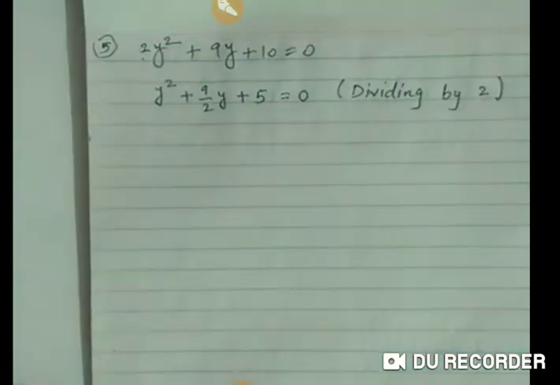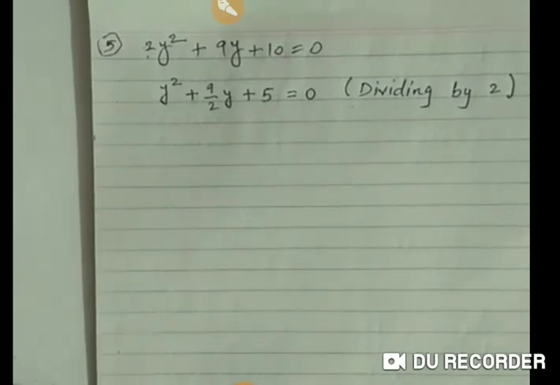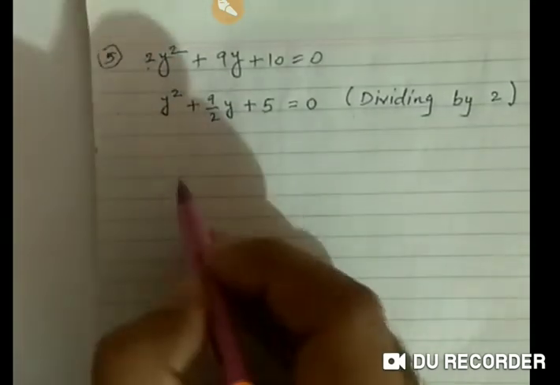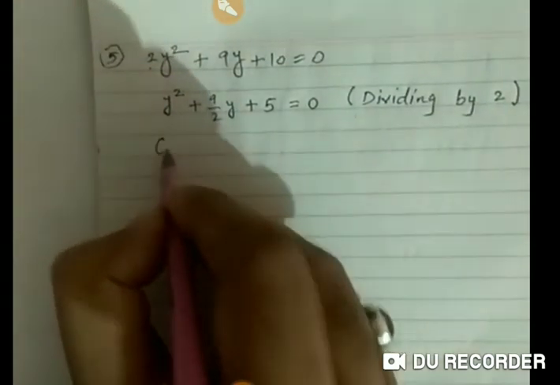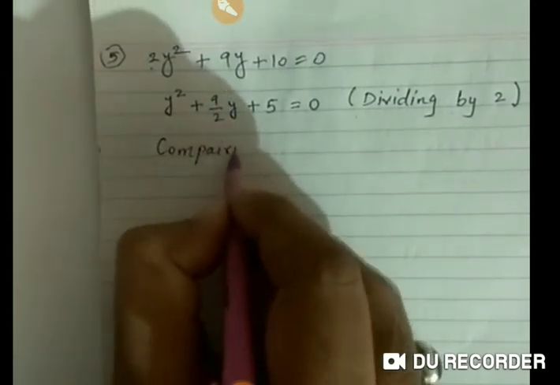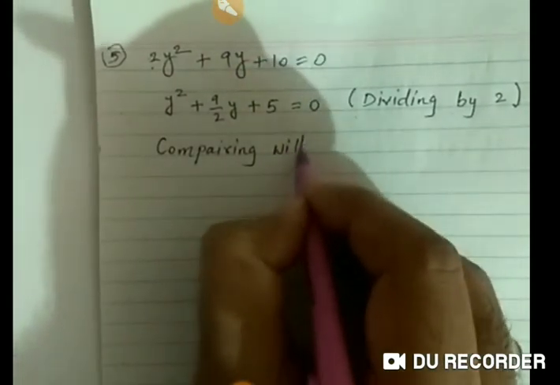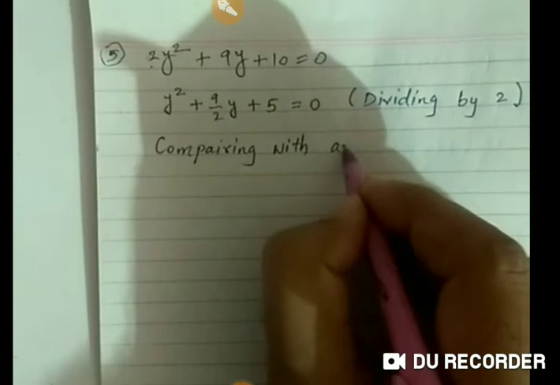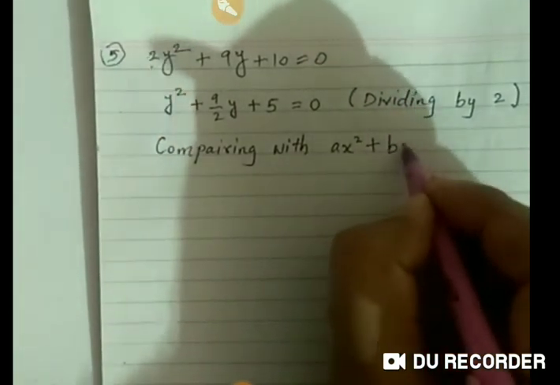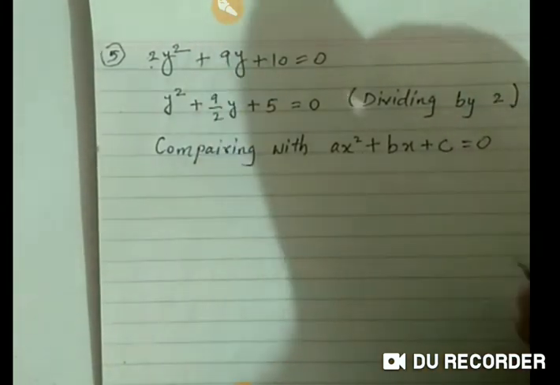Okay, now after dividing the equation by 2, what is next? Do you remember? We will compare it with ax square plus bx plus c equals 0.